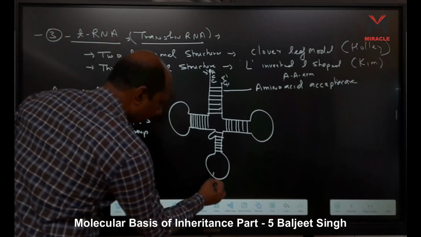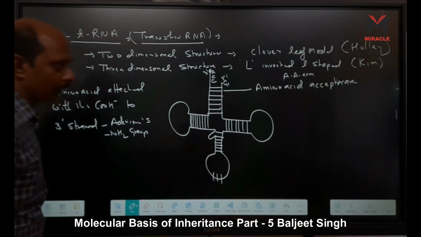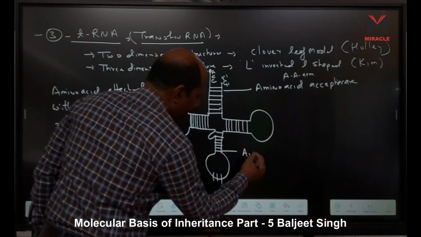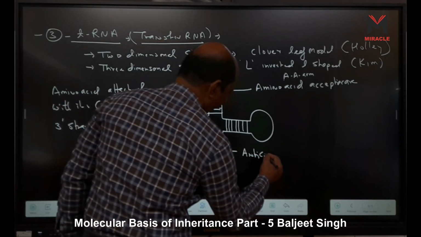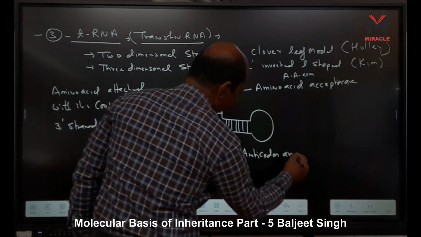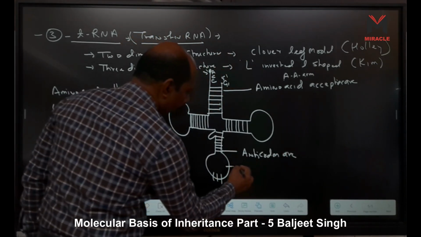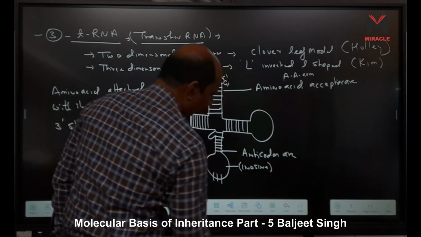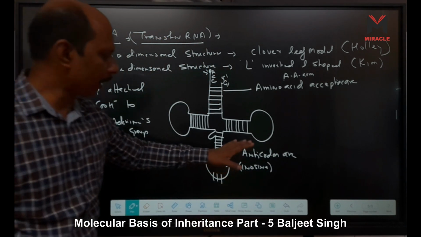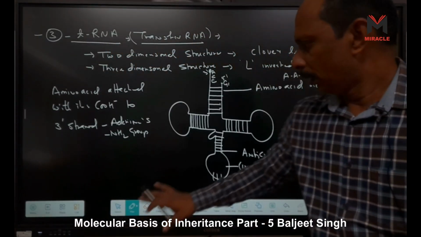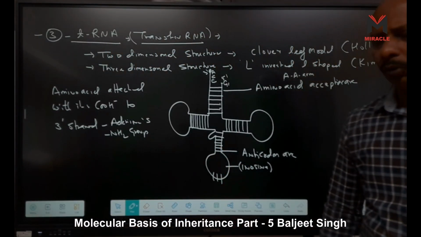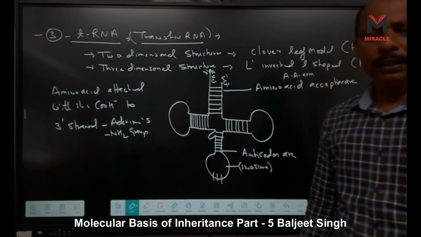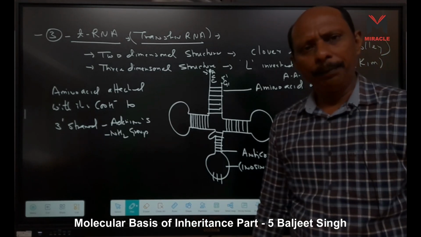This side is just opposite to the amino acid acceptor arm. This is called the anticodon arm. Due to the presence of inosine, this one is an abnormal nucleotide. And due to the presence of this abnormal nucleotide, hydrogen bond is not formed, so a loop is formed. Formation of the loop is due to the presence of abnormal nucleotides.